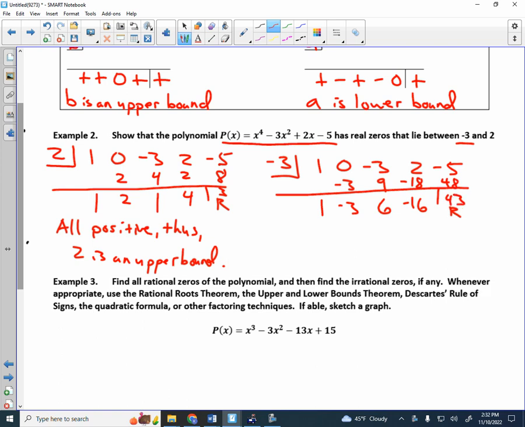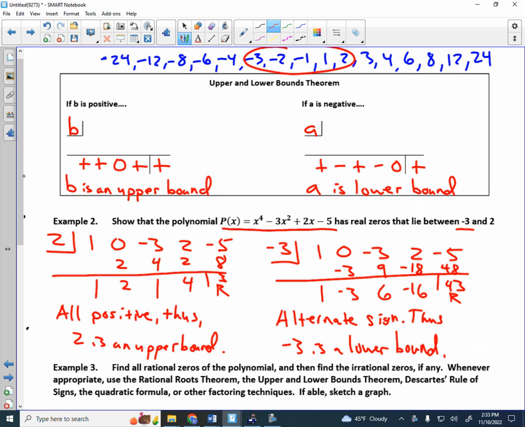What do you notice about all my results? Alternate sign. Thus, -3 is a lower bound. Meaning we have no business trying numbers like -6 and -12 and stuff like that. Okay?